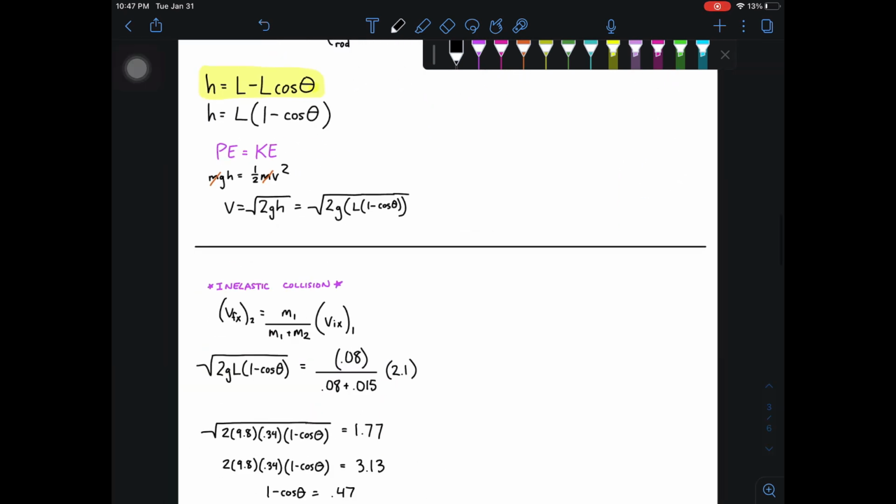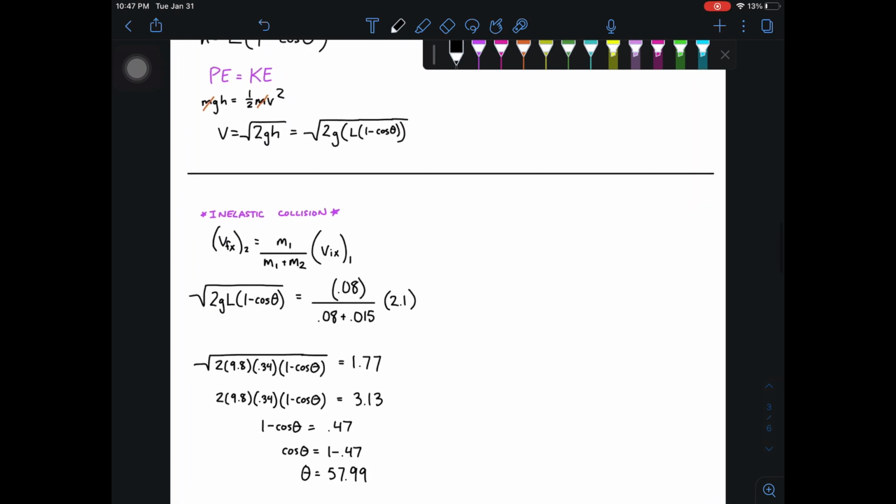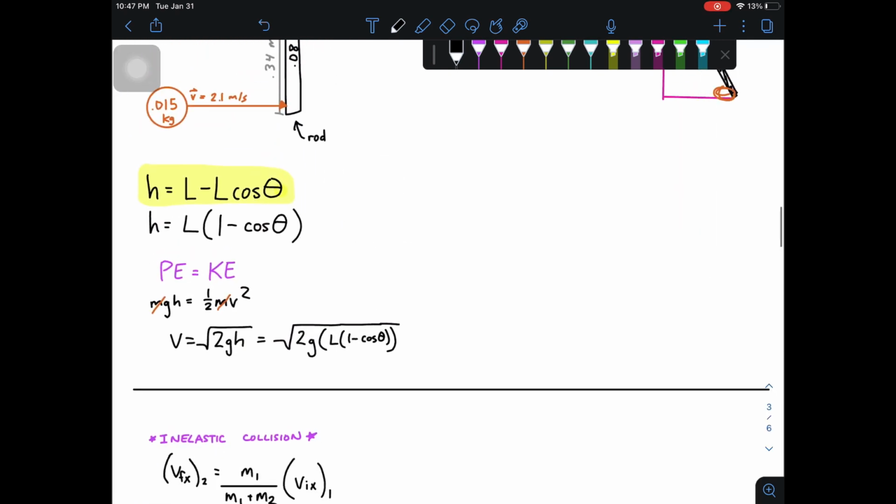But first we're going to be using the equation that we just found for height and plugging it into what we know about potential energy and kinetic energy. So PE equals KE, mgh equals 1/2 mv squared. Masses will cancel out, which leaves us with velocity being the square root of 2gh.